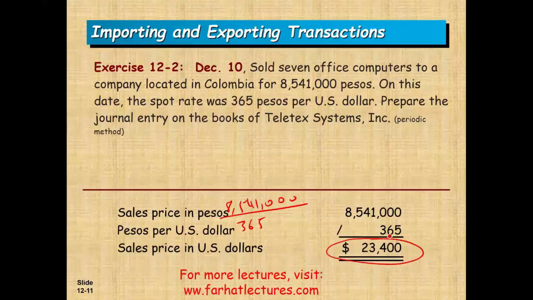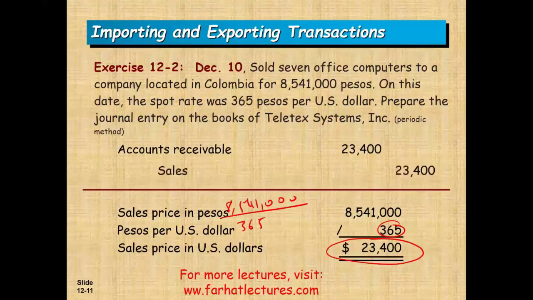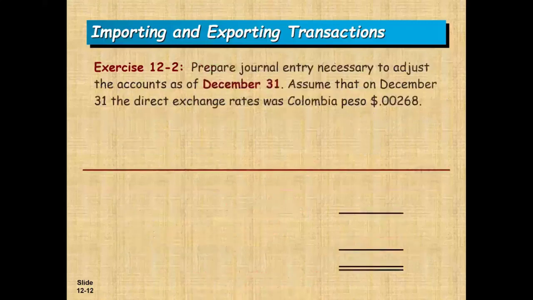Once again, we divided because we are given how many pesos can buy us a US dollar. Okay, so we have a receivable of 23,400 and sales of 23,400. This is called the transaction date. On the transaction date, we use the spot rate, and the spot rate was 365 pesos will buy you a US dollar, or 0.0027 US dollar will get you a Colombian peso.